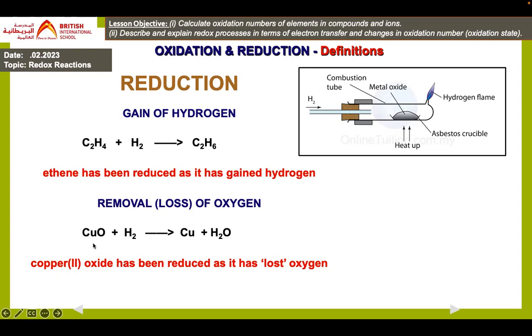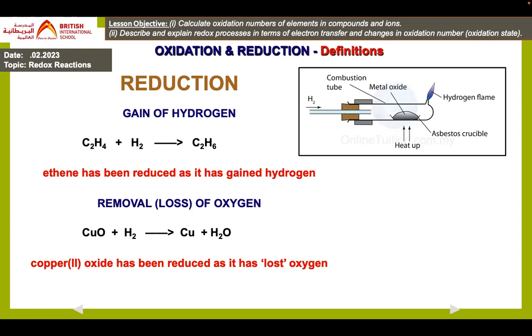See, this is copper oxide. Copper is a transition element. Copper oxide plus hydrogen gas gives you copper plus H2O. So copper had oxygen before the reaction, and after the reaction, it doesn't have any oxygen.